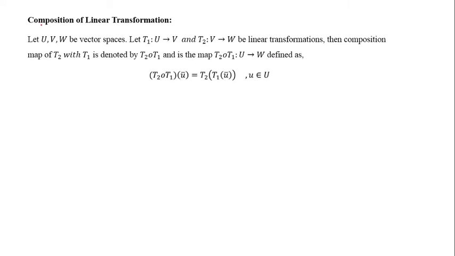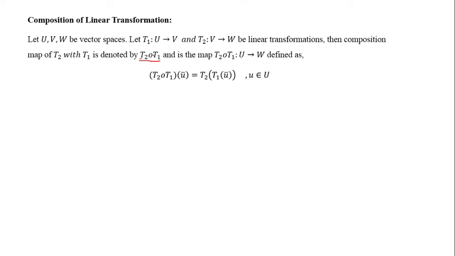So next topic, composition of linear transformation. Let capital U, V, W be vector spaces. Let T1 from vector space U to vector space V and T2 from V to W be linear transformations. Then the composition map of T2 with T1 is possible and it is denoted by T2 composite T1.